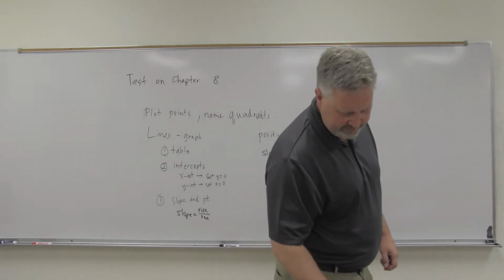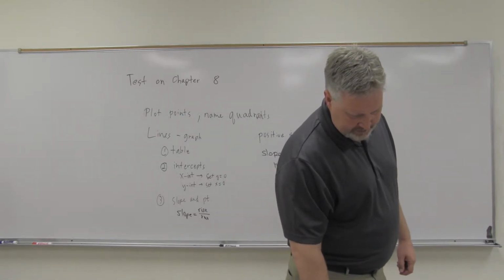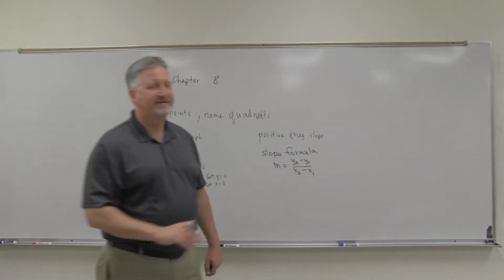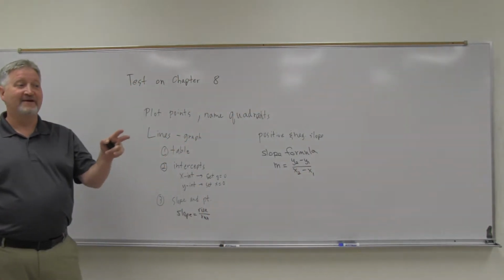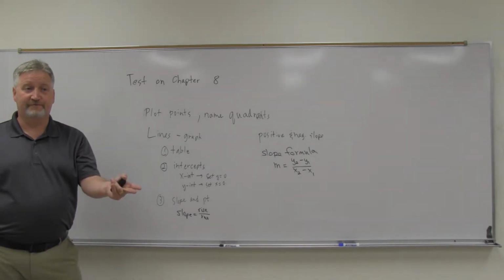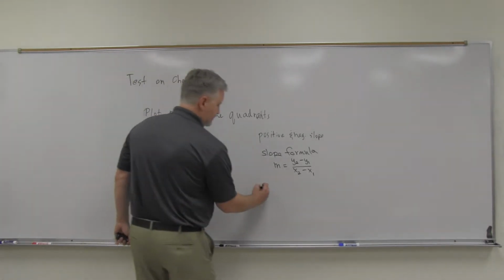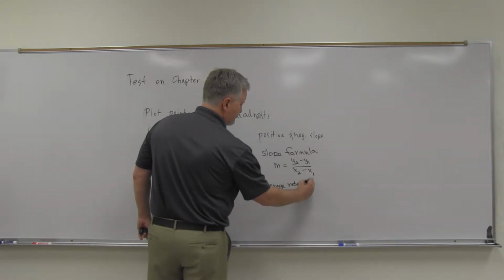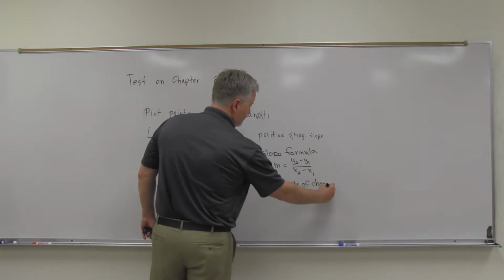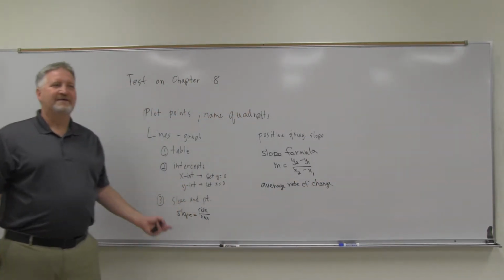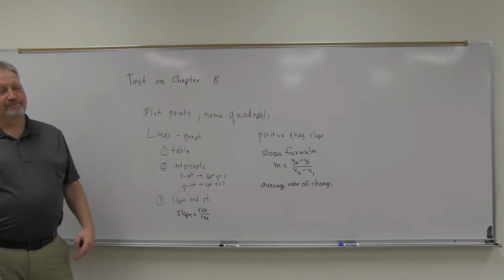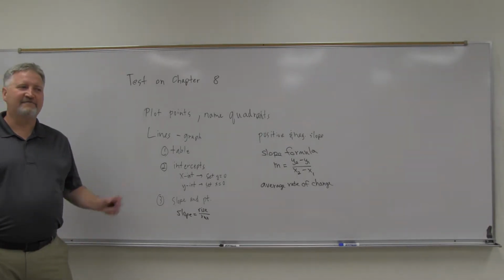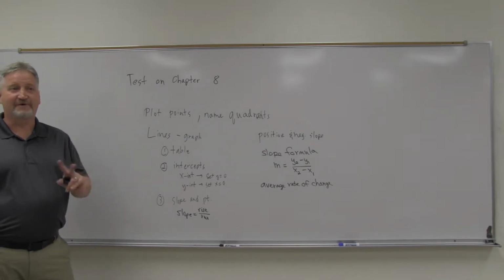Seems like there's one other thing I was going to mention. Oh yeah, also on section 2, they talked about the average rate of change. All you need to know there is the average rate of change and the slope are synonymous.